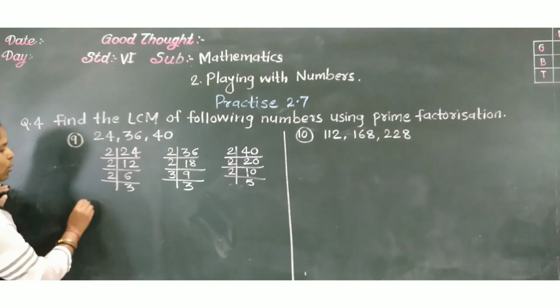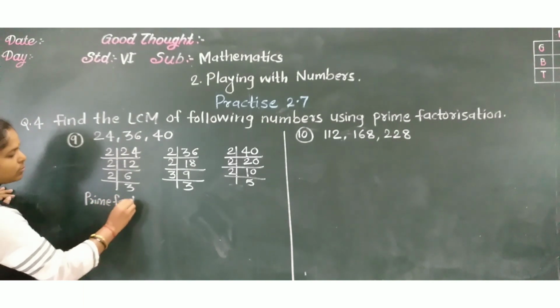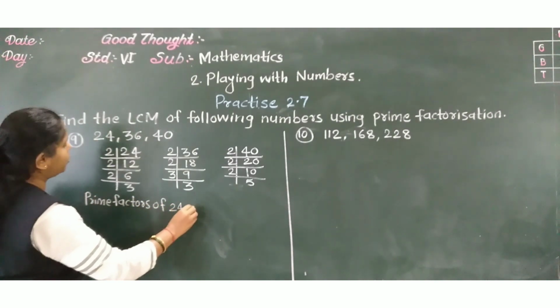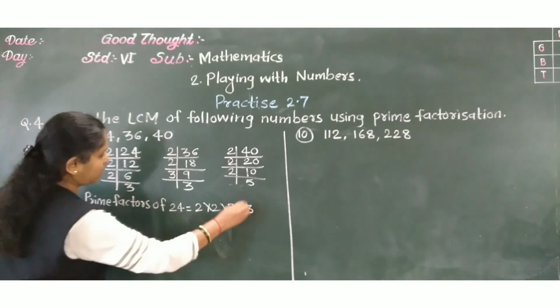So write down the prime factors. The prime factors of 24 is equal to 2 into 2 into 2 into 3.